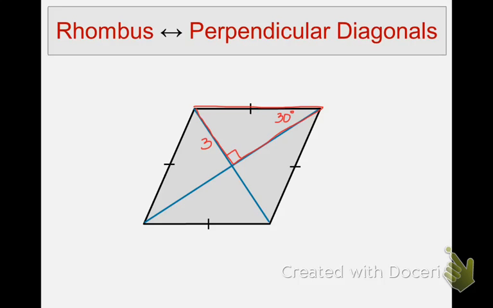That part of the diagonal is 3, and I want you guys to find the perimeter of the rhombus. How can you do that? Use what we did last chapter.